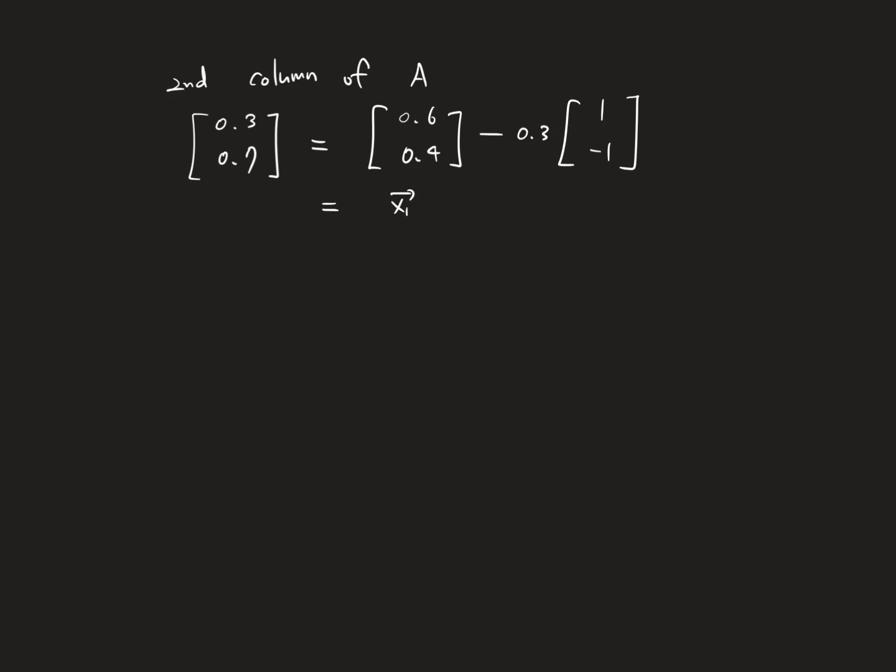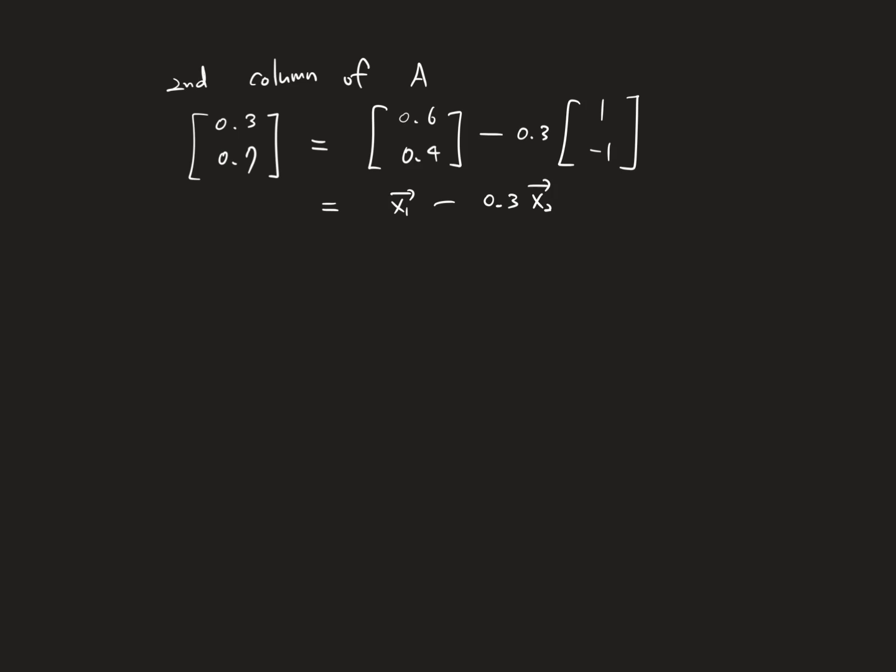The second column of A was 0.3, 0.7, and it was 0.6, 0.4, minus 0.3, 1 minus 1. And so we can say the second column is just the first eigenvector minus 0.3 the second eigenvector.